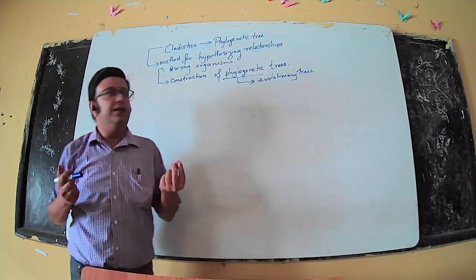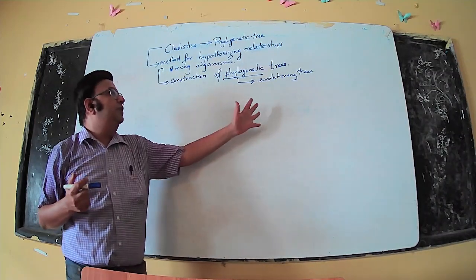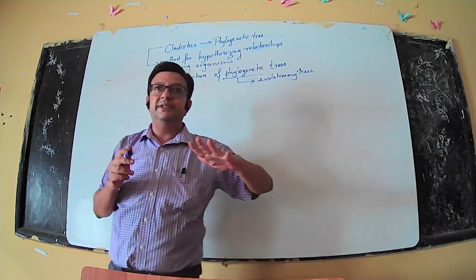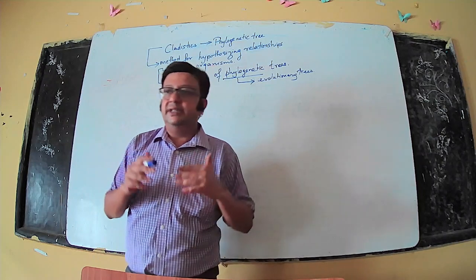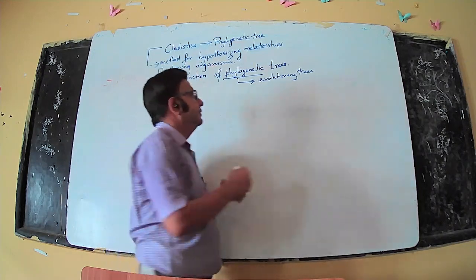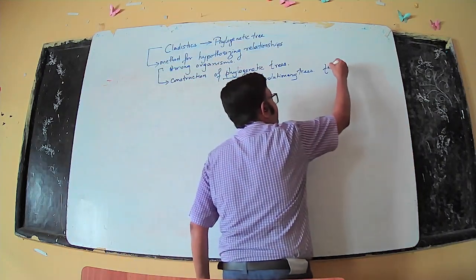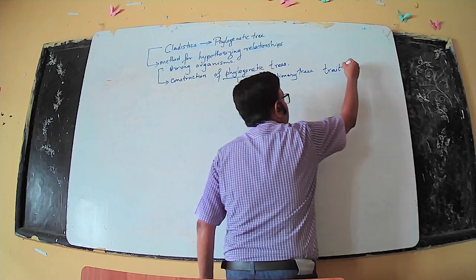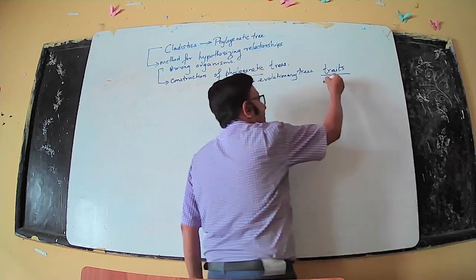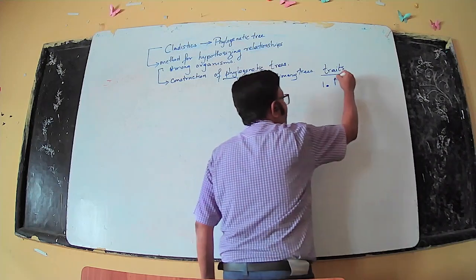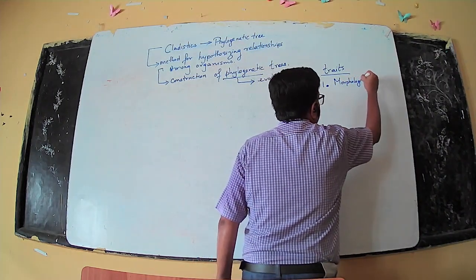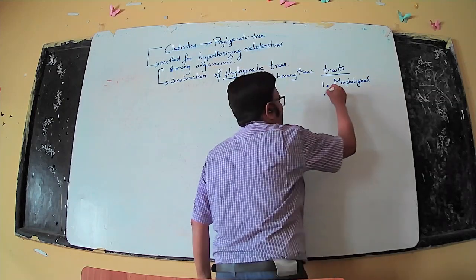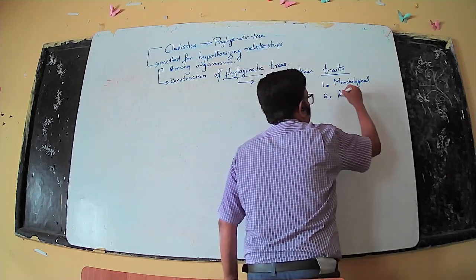So to show the relationship between organisms, you use certain characters, right? Certain traits. And these traits, predominantly in former times, were morphological, anatomical.